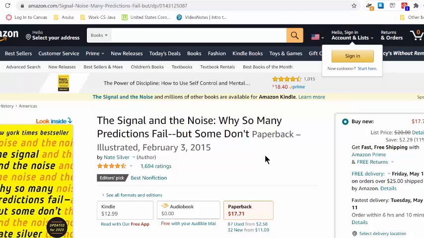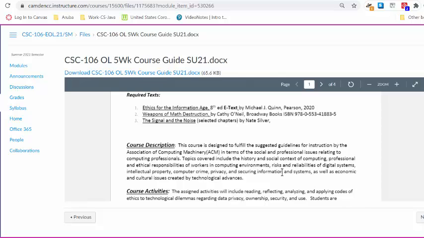Both this and Weapons of Math Destruction have been best-selling books on the New York Times list, so I think you'll find them informative and entertaining. You can pick these up either in a Kindle version or a paperback version for a nominal price. So those are the 3 books we'll be reading from this semester.